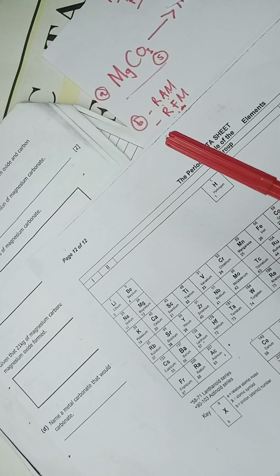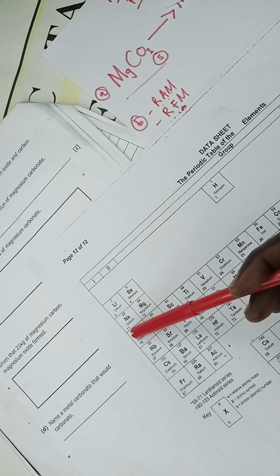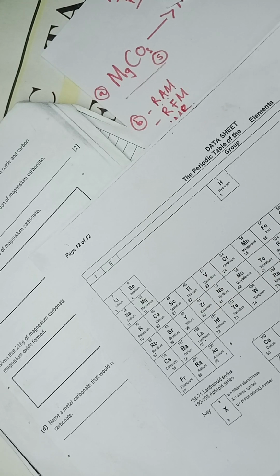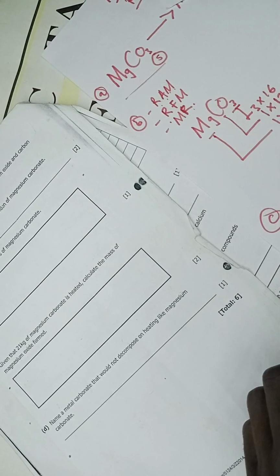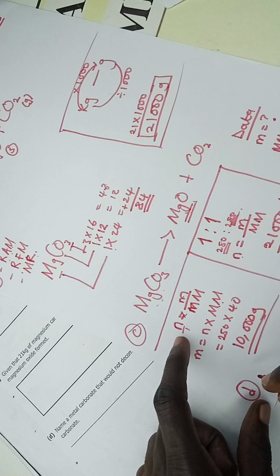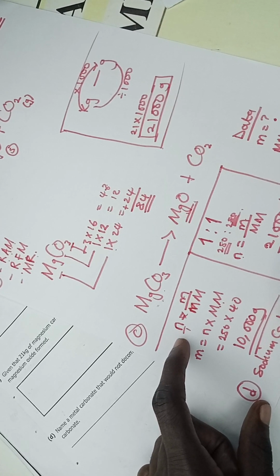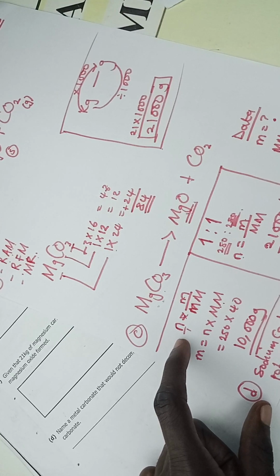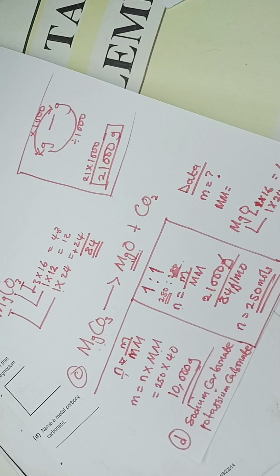In short, for group 1 metals, lithium, sodium, potassium, these metal carbonates do not decompose on heating, unlike group 2 and the transition metals. So for a metal carbonate that would not decompose on heating like magnesium carbonate, we can pick any carbonate from group 1. We can have sodium carbonate. If we want, we can also have potassium carbonate. So these metal carbonates would not decompose on heating like magnesium carbonate.